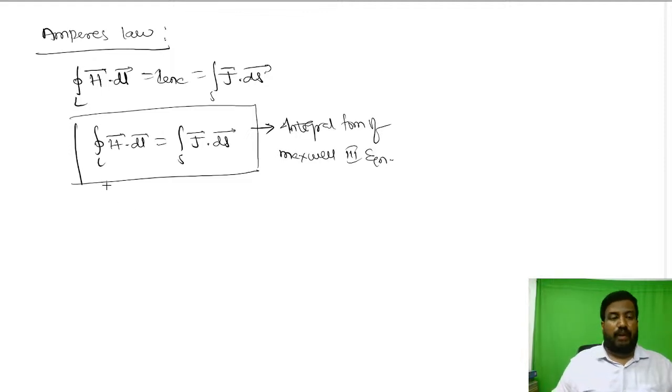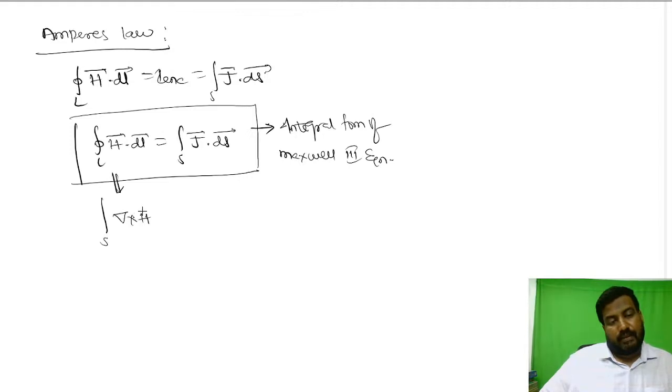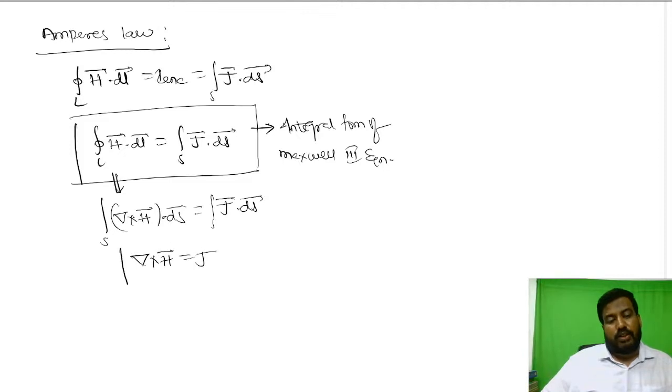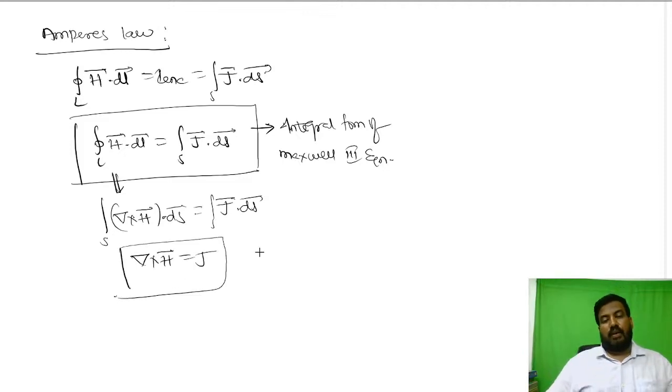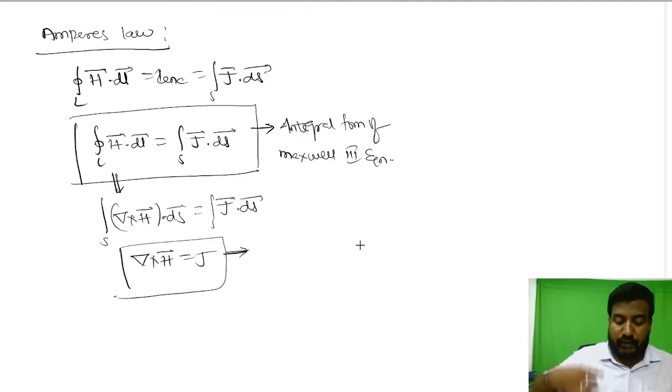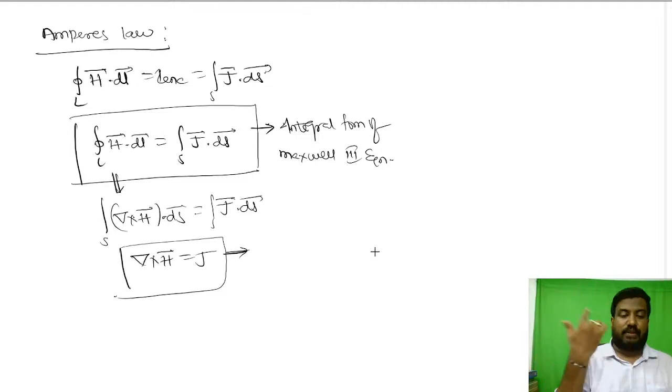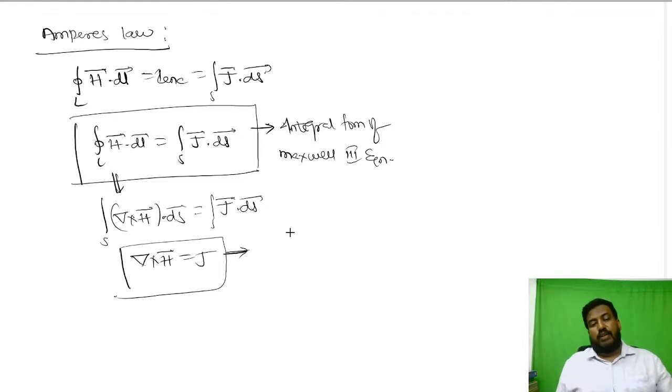Maxwell's third equation. Applying Stokes theorem on this, surface integral of del cross H dot dS is equal to surface integral of J dot dS. Implies del cross H is equal to J. Curl of magnetic field intensity is not zero, because magnetic field will go in circular paths. That's why its curl cannot be zero.